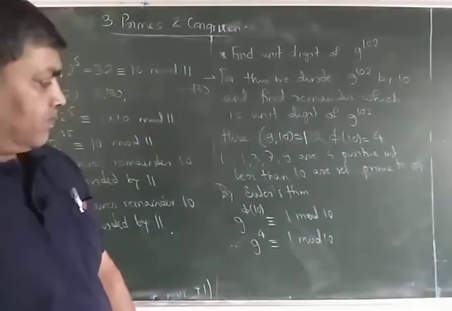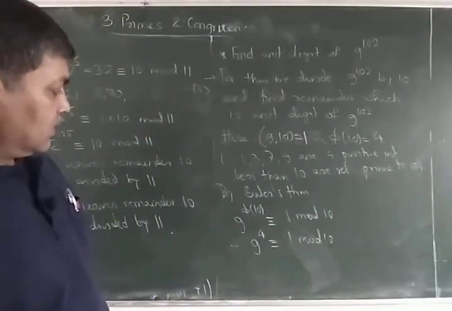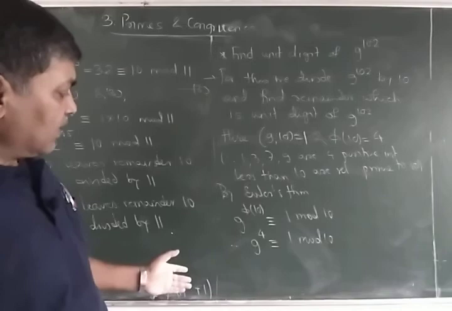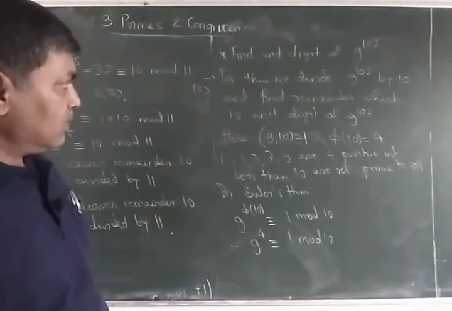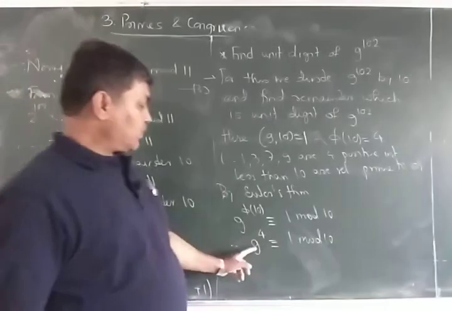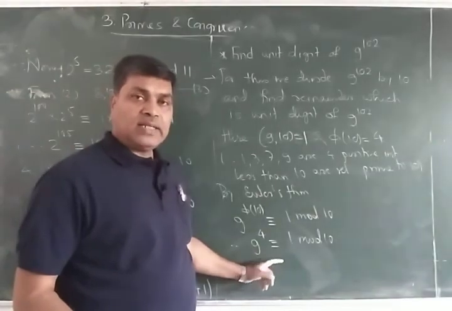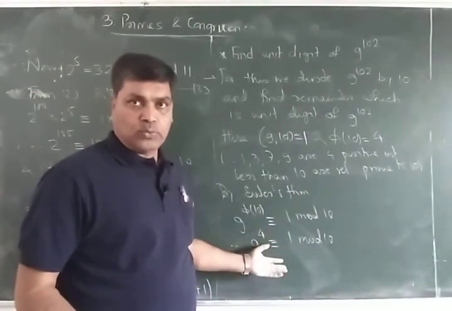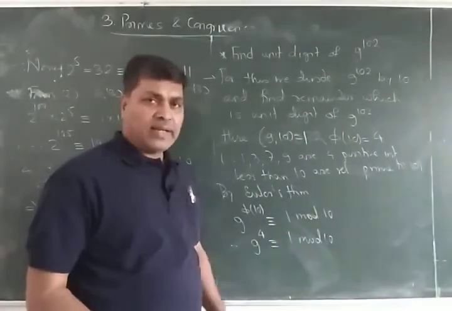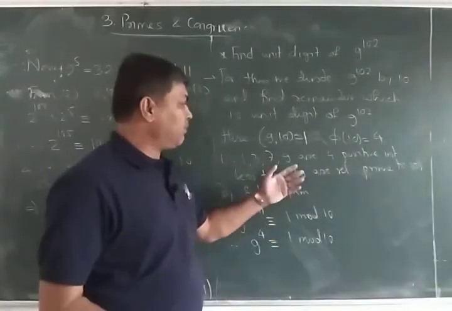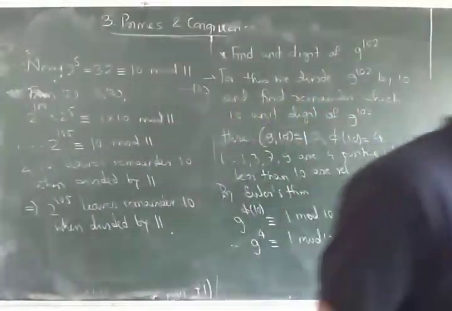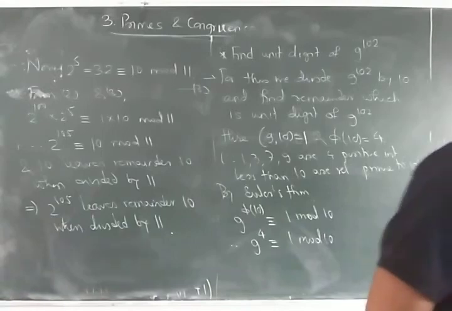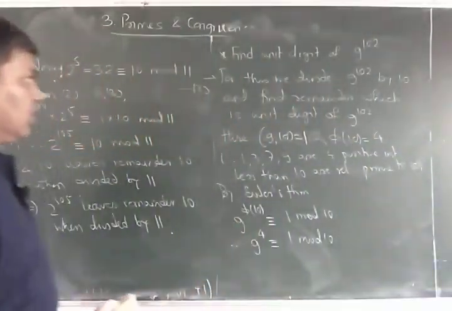Even if I take 9 square, it is 81, and 81 is congruent to 1 mod 10. I can also take that one. It is not necessary to apply Euler's theorem here.